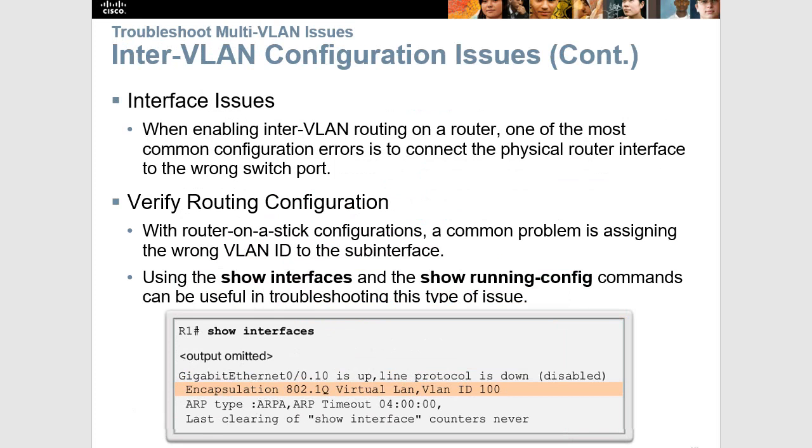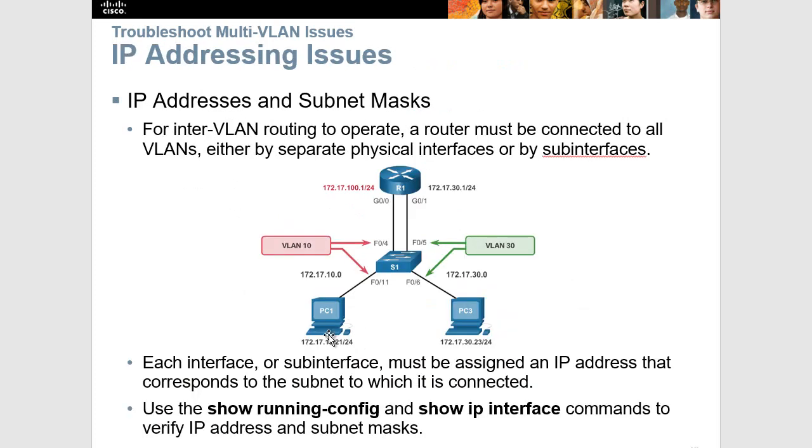Another issue you might have is an IP addressing issue. If the VLAN is in a certain subnet, you need to make sure the subinterface you connect to on the router is in the same subnet. For instance, in our issue here, which is correct on the right and incorrect on the left, you have a subnet of 10.0, a /24, on the left side of the topology.